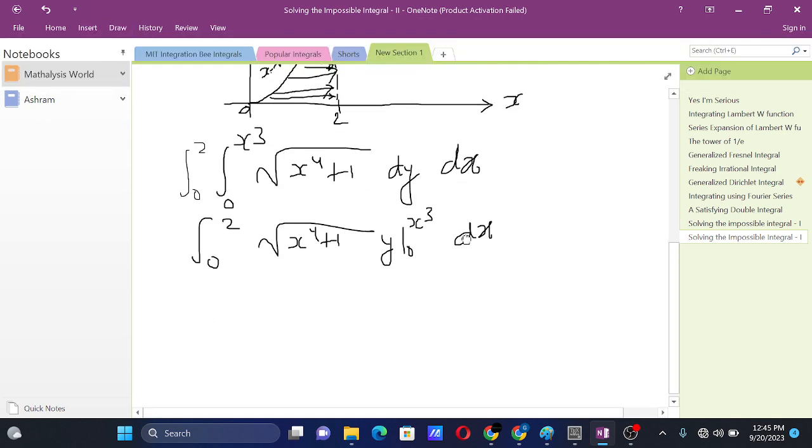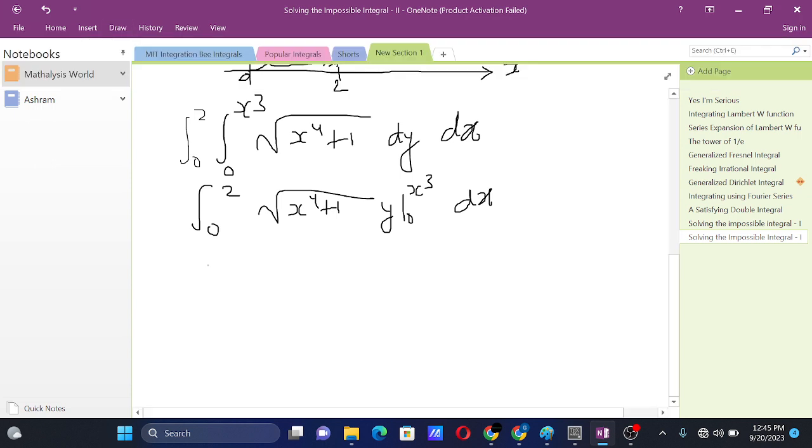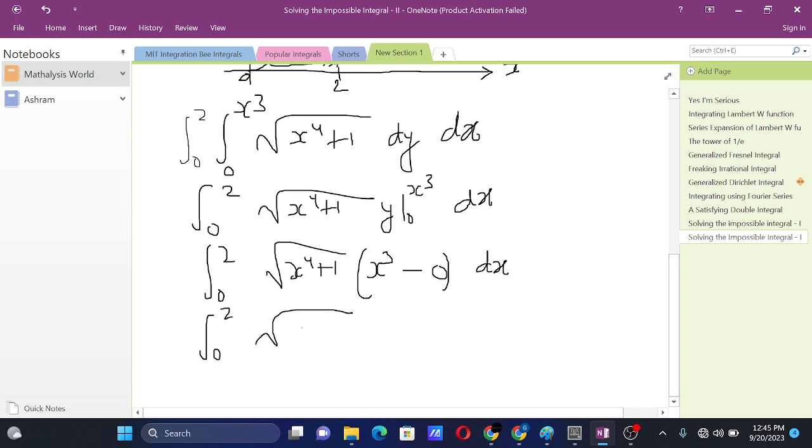So that will be the integral from 0 to 2 of square root of x to the power 4 plus 1 times x cube minus 0, dx. Now I guess this is integrable. For this integration, we can let x to the power 4 plus 1 be g.